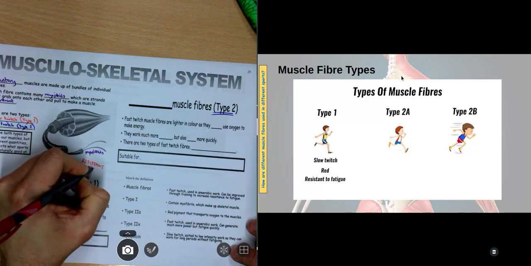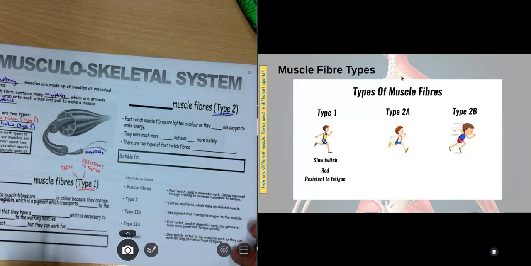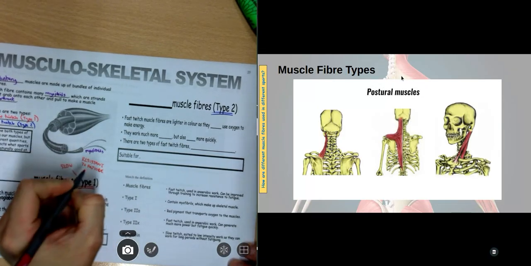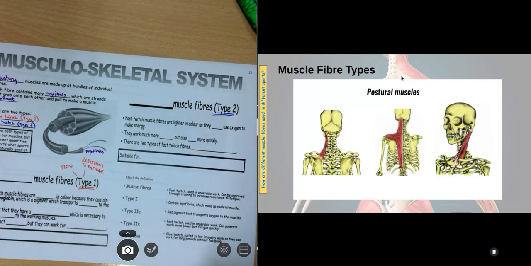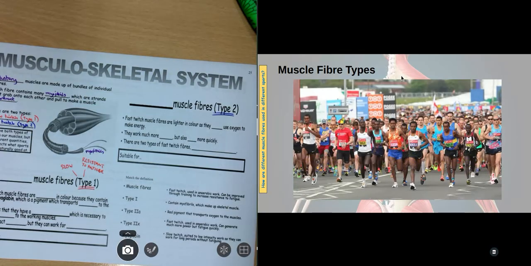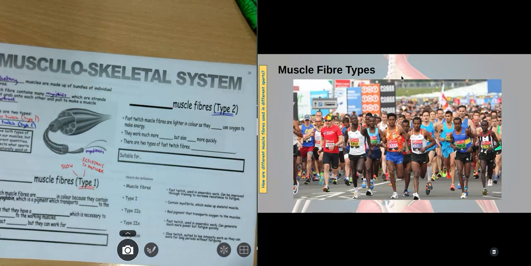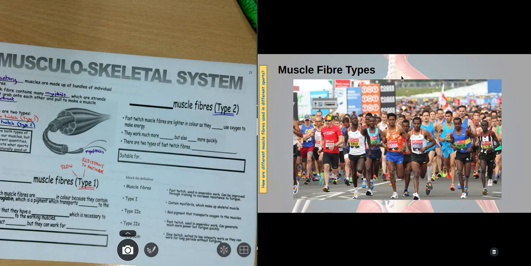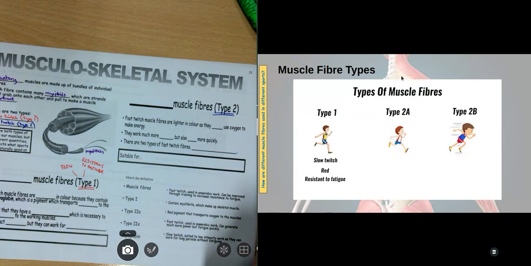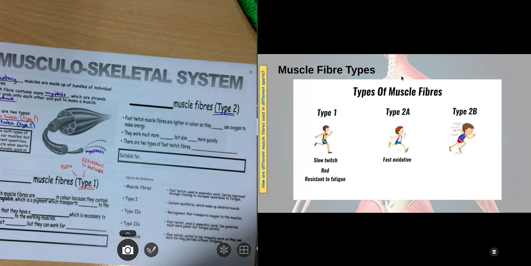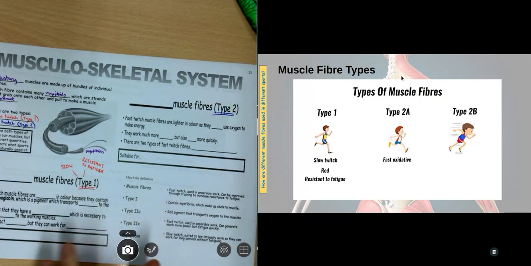For this reason, the muscles containing mainly type 1 fibres are often postural muscles, such as those in the neck and spine, due to their endurance capabilities. Also, athletes such as marathon runners have a high number of this type of fibre, partly through genetics, partly through training. Type 2A fibres are also sometimes known as fast oxidative fibres and are a hybrid of type 1 and 2 fibres.